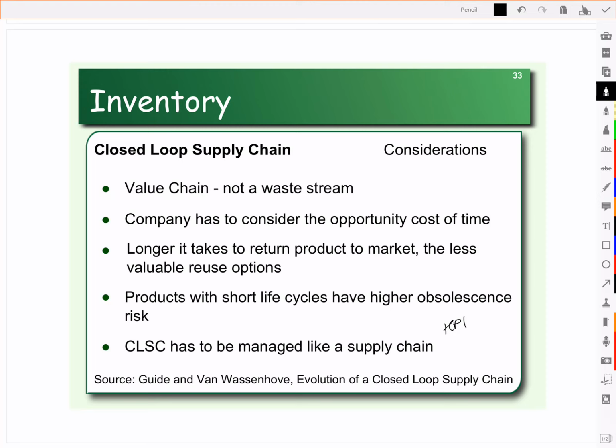So you need to look at your inventory turnover rate, you need to look at the level of quality, and so the same key performance indicators that we had with the supply chain are true with the rest of the closed loop supply chain as well. So not only forward logistics, but reverse logistics as well. So we have to make sure that we have some key performance indicators. We need to check how we're doing performance-wise.